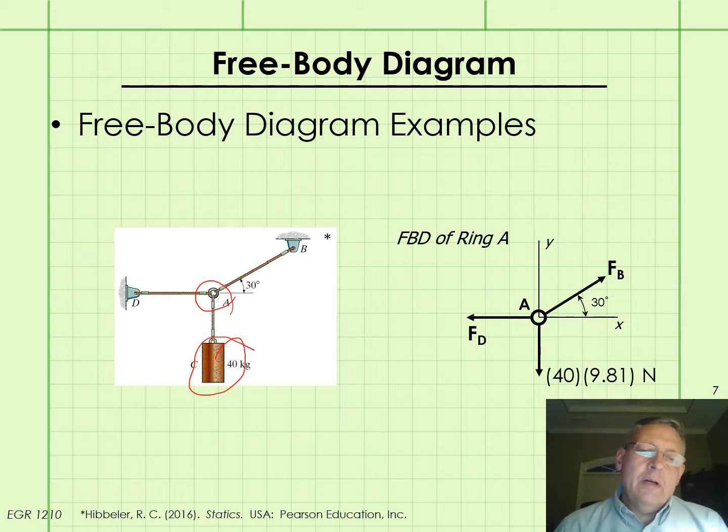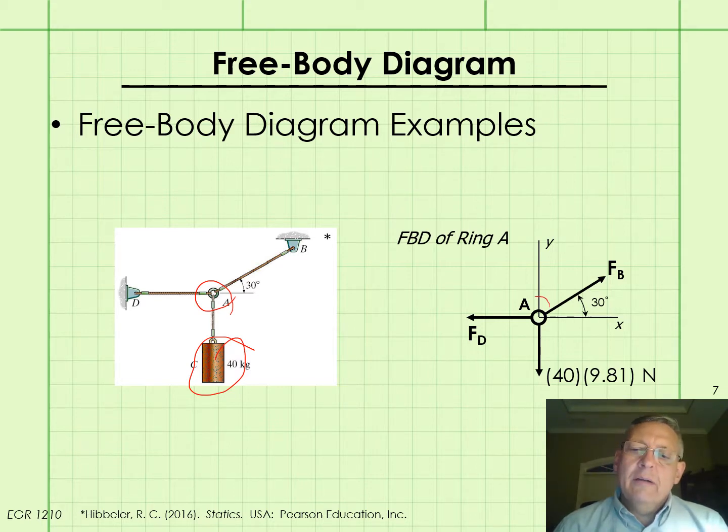So assuming we're going to draw a free body diagram of the ring A, which we can model as a particle. I've drawn it as a ring. It doesn't matter. That's your choice how you want to show it in your free body diagram, but we're considering it to be a particle.